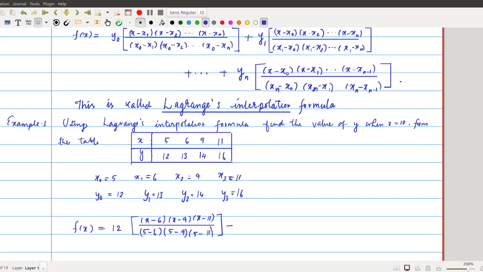This will be the first bracket, plus the next is y1 times.